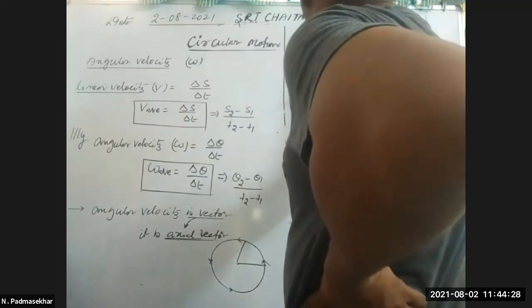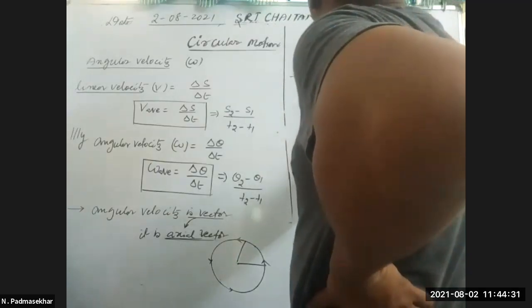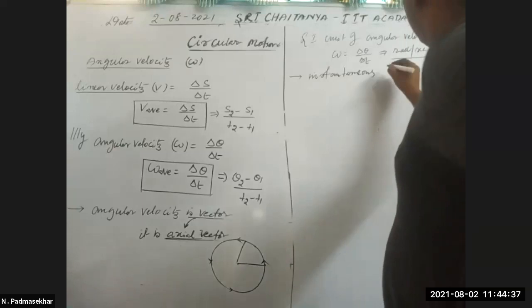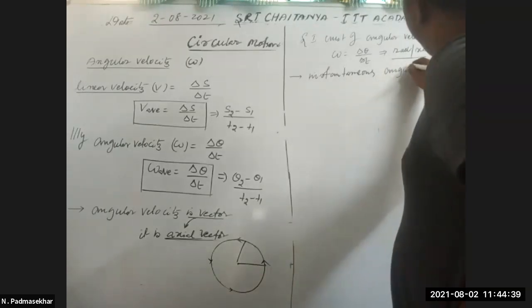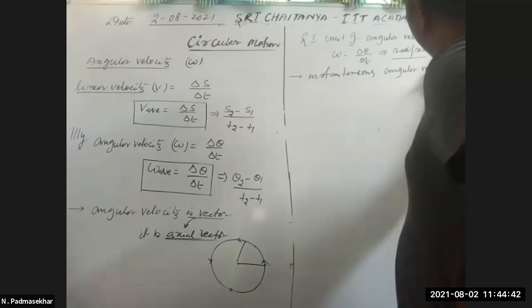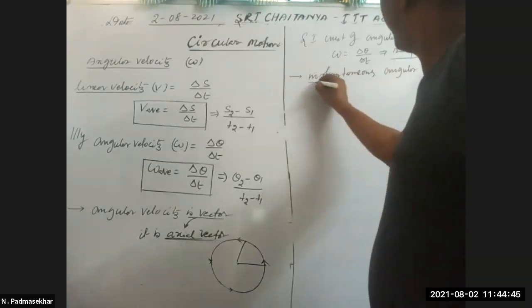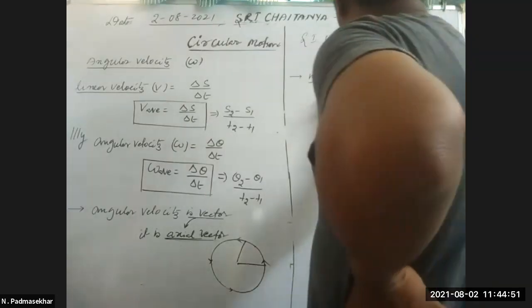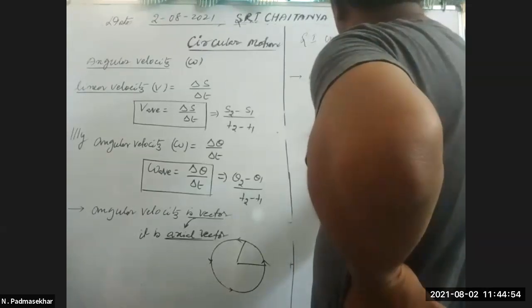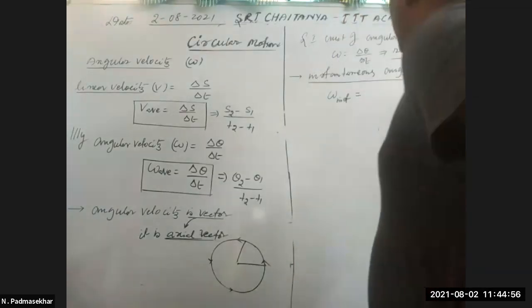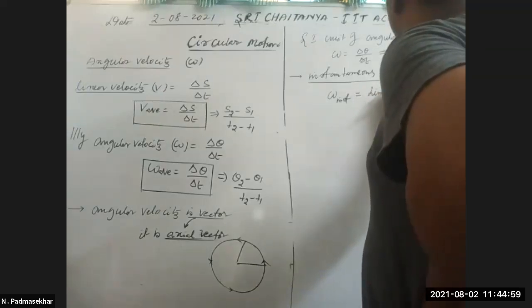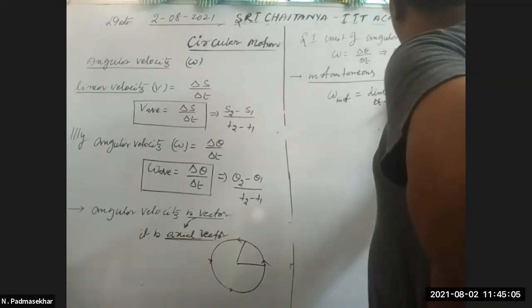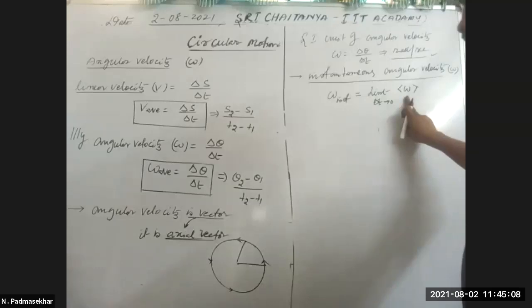And what is instantaneous angular velocity? Let it be omega. The instantaneous angular velocity is the limit as delta t tends to 0 of the average omega.